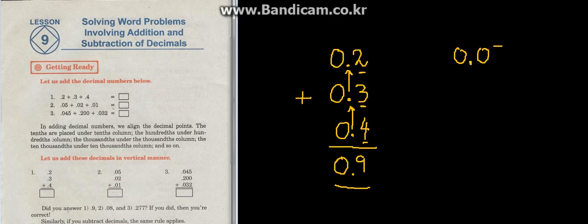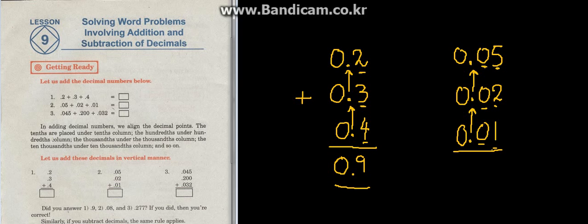We have 500 thousandths, 200 thousandths, and 100 thousandths. So again, align the numbers according to their decimal point. So you can see that this is under that, and this is also under that. So now you have all the tenths in the tenths column and all the hundredths in the hundredths column.